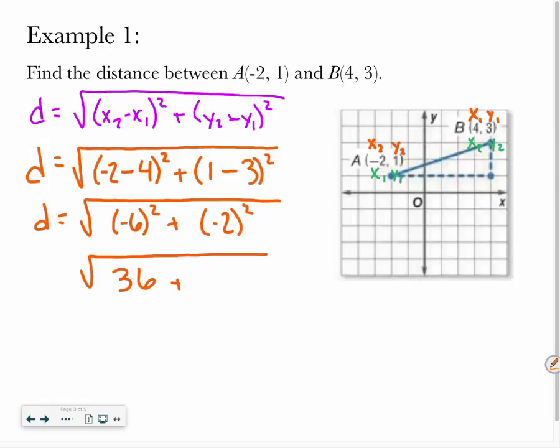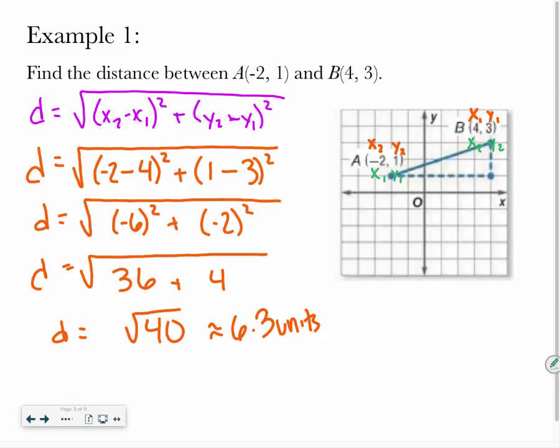And remember, negative 2 in parentheses squared is negative 2 times negative 2, or positive 4. And I'm left with the square root of 40, which is approximately, if I use a calculator, 6.3 units.